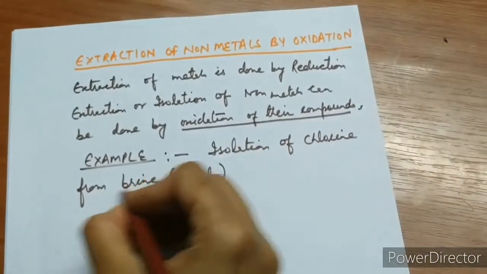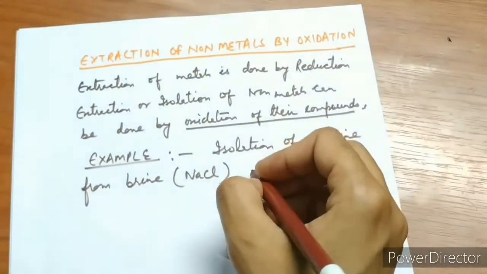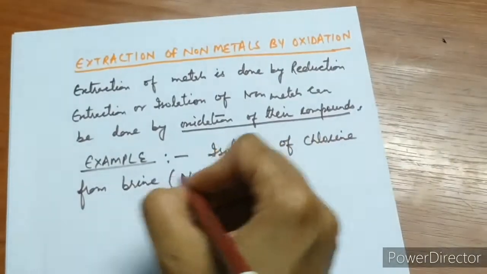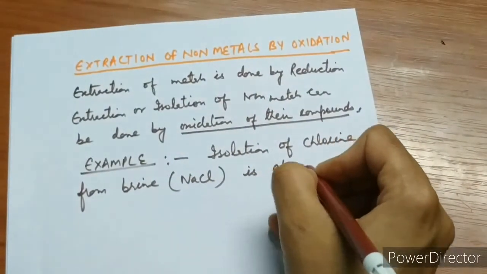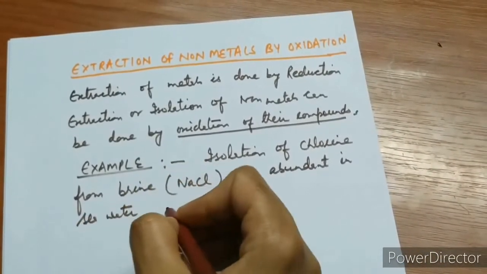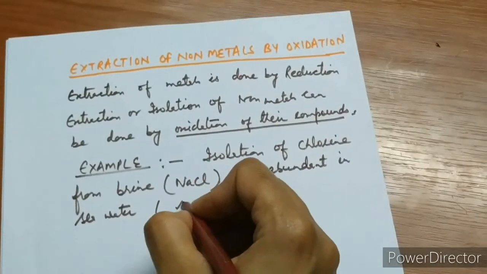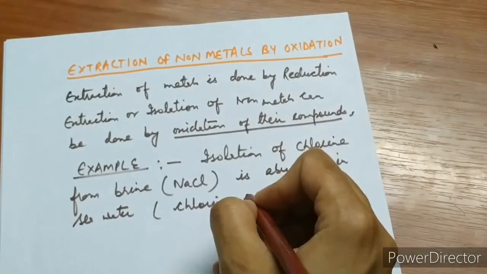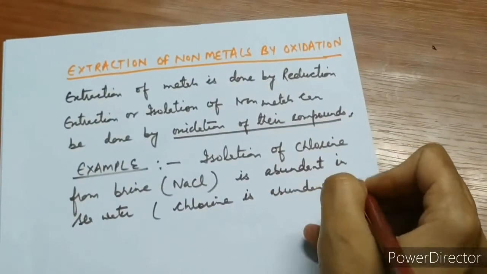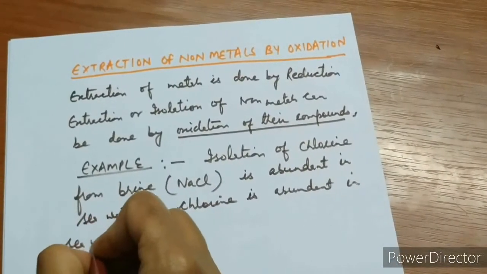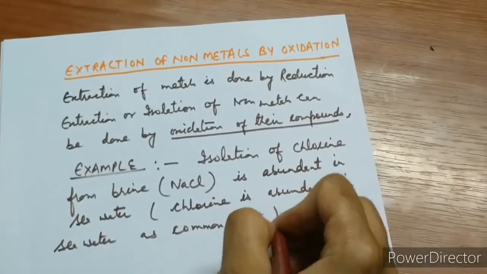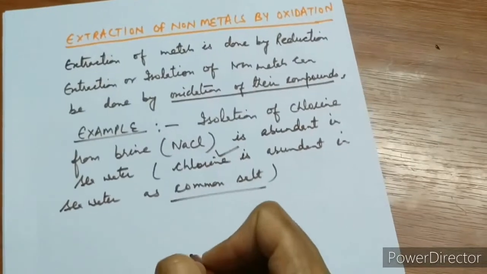So isolation of chlorine from brine is, we know that brine is abundant in seawater, or chlorine is abundant in seawater as common salt. So in common salt, chlorine is abundant in seawater.